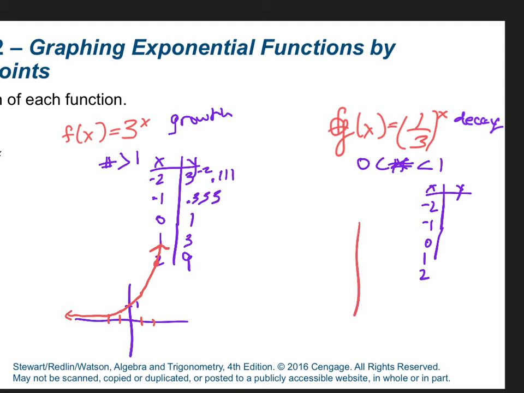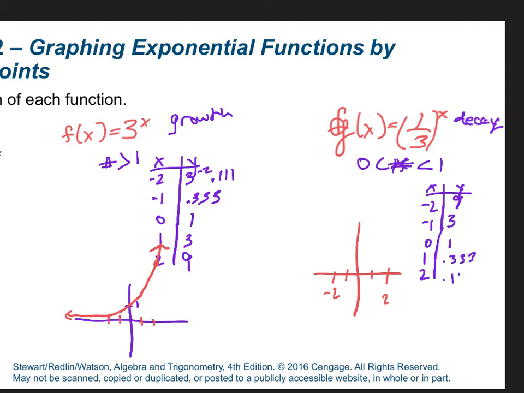So on the opposite end over here, I'm going to do -2 to +2. And when I plug this in, 1 divided by 3, raised to the -2 power, I get 9. Then 1/3 to the -1, I get 3. 1/3 to the 0 power is 1. 1/3 to the first power is 0.333.